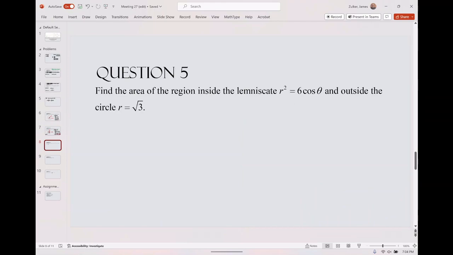Find the area inside the lemniscate r squared equals 6 cosine of theta, outside the circle r equals root 3.